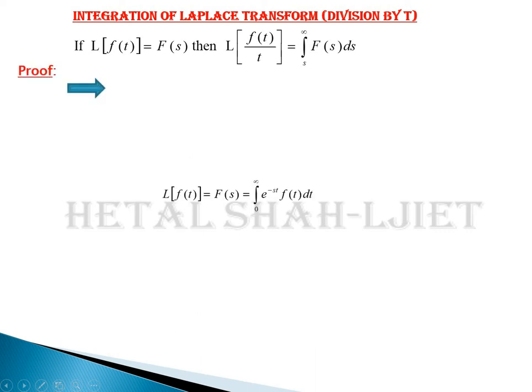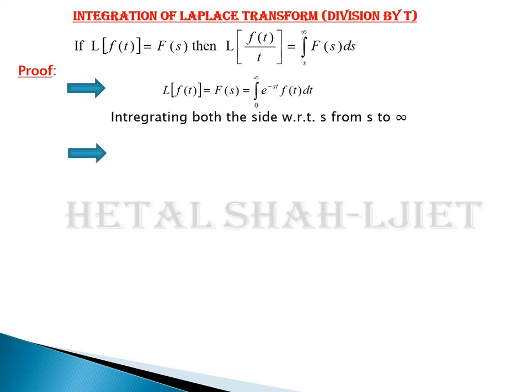For the proof, this is the definition of the Laplace transform. Integrating both sides with respect to s with the limit s to infinity. So by integrating both sides, here integration of s to infinity of F of s with respect to ds.